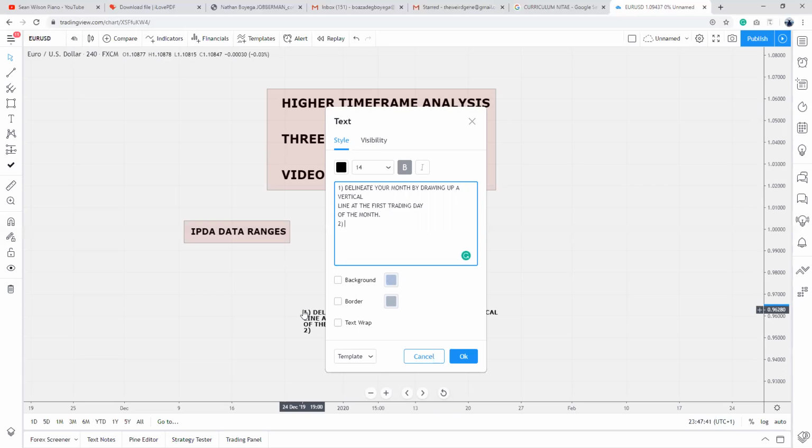So look back 20 days, 40 days, 60 days, and reference where there was a quarterly shift in price.